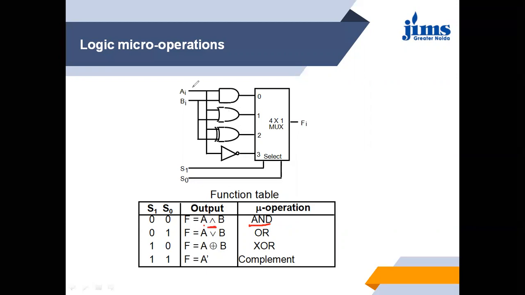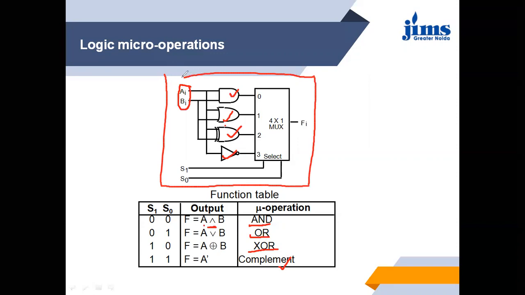When we have to find the AND of A and B, we use the AND gate. When we have to find the OR, we use the OR gate. In case of XOR, we use the XOR gate, and in case of complement, we use the negation, meaning the NOT gate. So by using a single circuit, we can perform all these four logic micro operations.